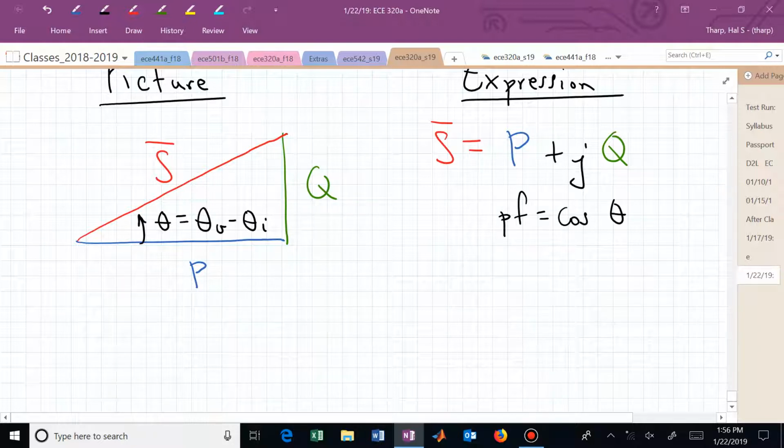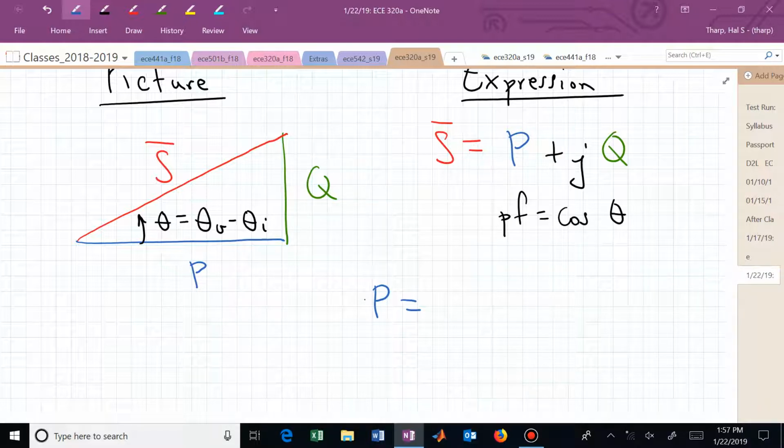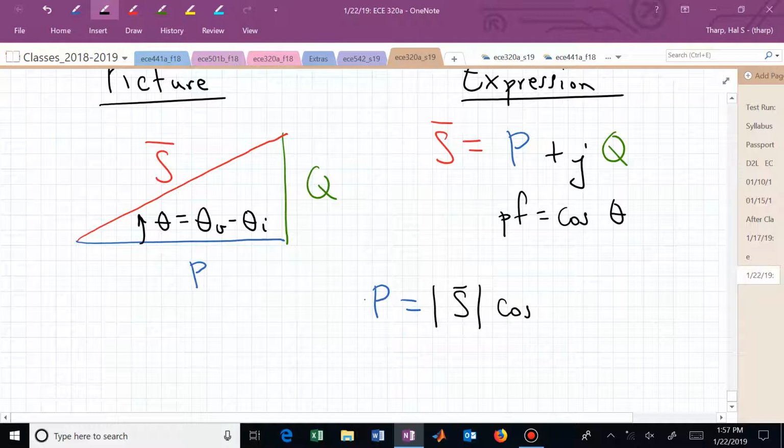And looking at that triangle, we can see that P, the real part, is really just the projection of that complex power onto the horizontal side of that right triangle, or that's now the hypotenuse, the apparent power, times the cosine of theta. Or it's simply the hypotenuse times the power factor.